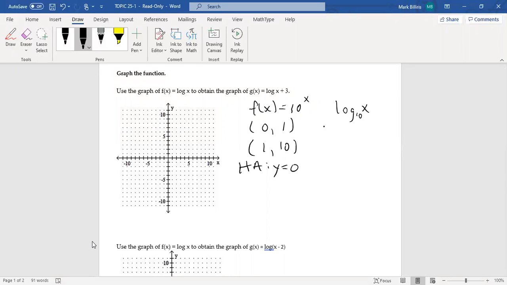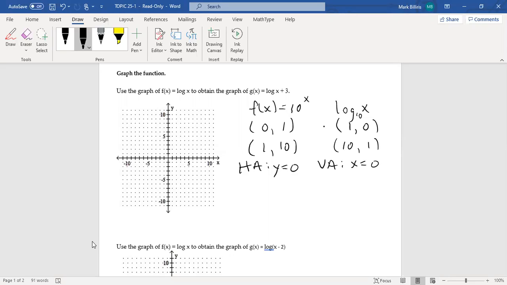Since these are inverses, remember x and y switch places. So it wouldn't go through the point (0, 1), it would go through the point (1, 0). It would also go through the point (10, 1). Instead of having a horizontal asymptote, it would have a vertical asymptote at x equals 0. And I'll show you that on the graph now.